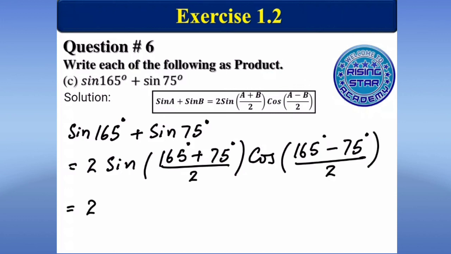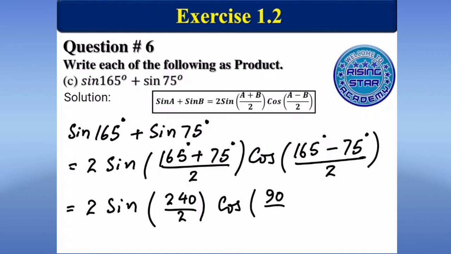So 165 plus 75 becomes 240 over 2, and 165 minus 75 becomes 90 over 2.